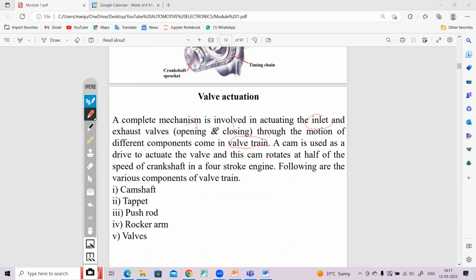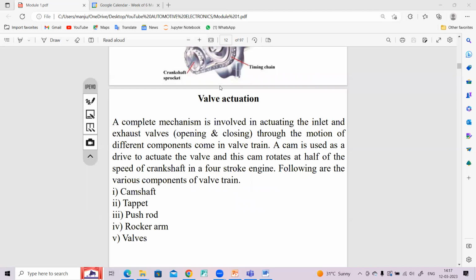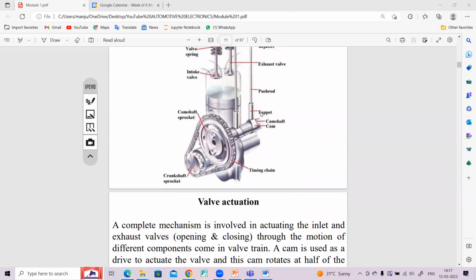It is used to drive and actuate the valve, and its cam rotates at half the speed of the crankshaft in a four-stroke engine. The following components act in the valve train: the crankshaft, the tappet, push rod, rocker arm and valves. This is all in touch with each other.